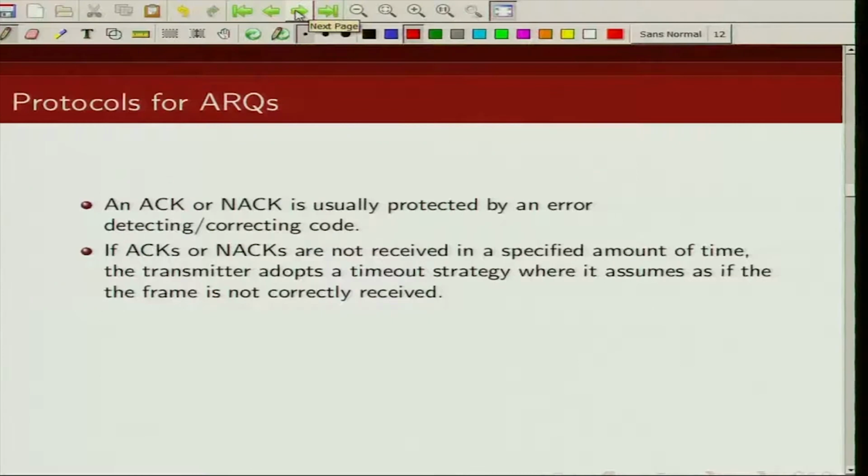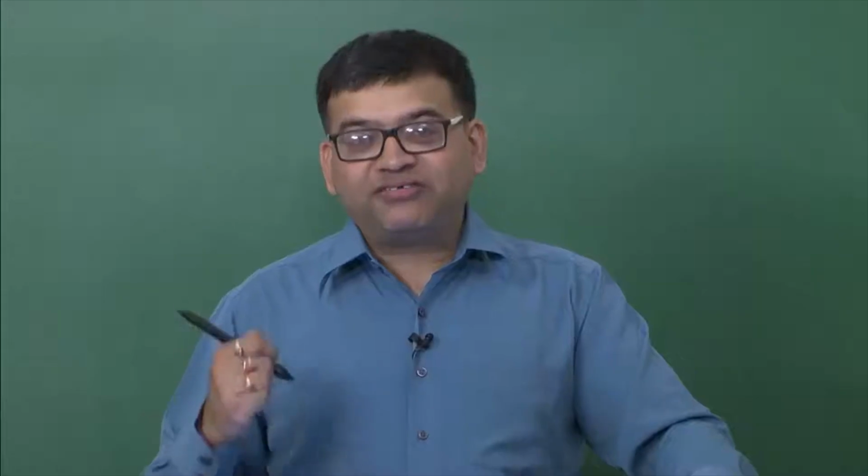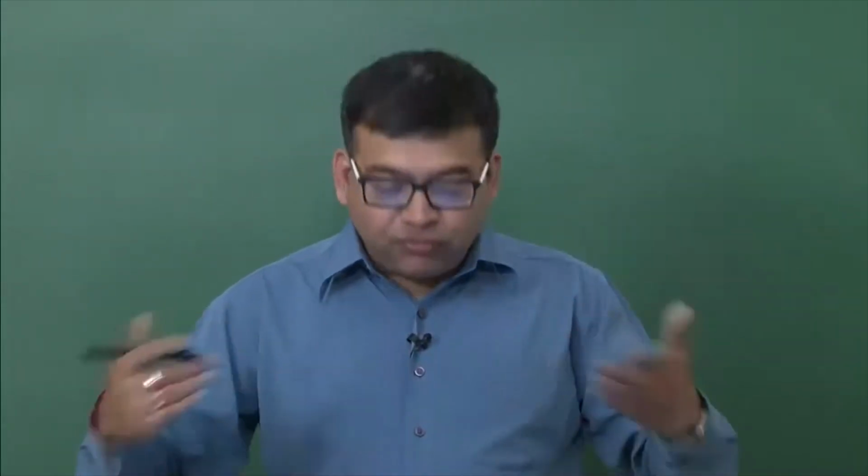We will also assume that if the transmitter does not receive an acknowledgement or negative acknowledgement in time, there is a timeout. So, we fix a time. If, after we have transmitted a packet, we do not receive an ACK or a NAK within a particular time, we will assume that the packet has not been successfully received.